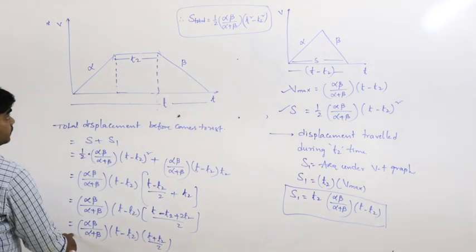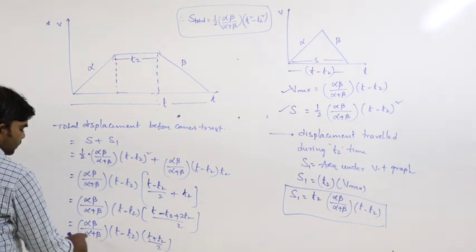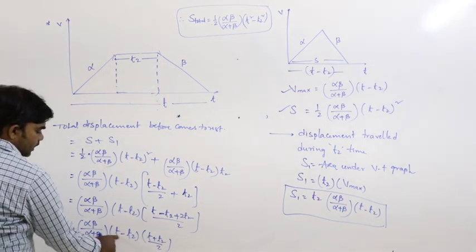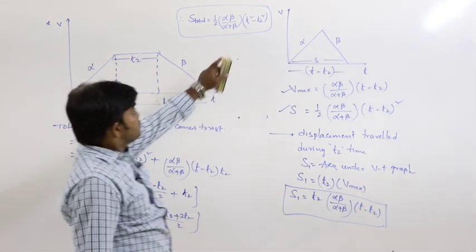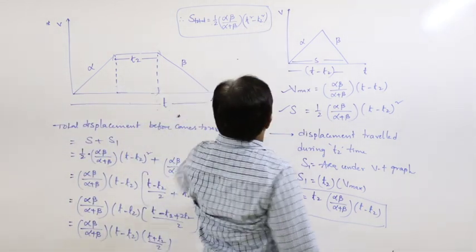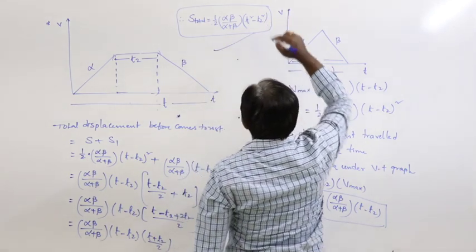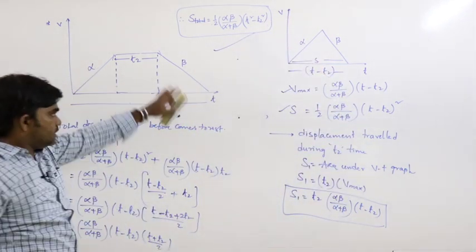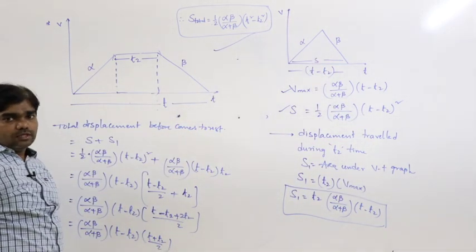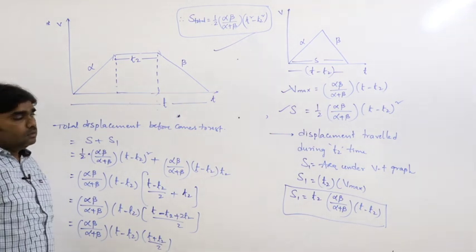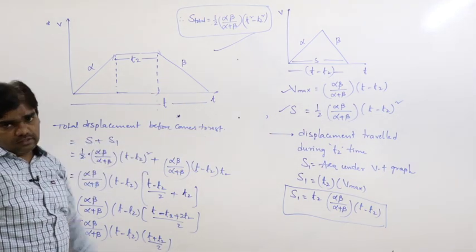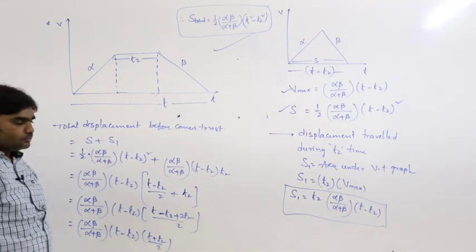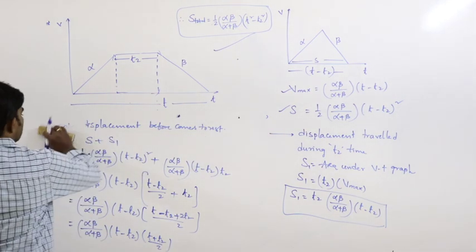This half comes to the front: half into alpha beta by alpha plus beta into T square minus T2 square. This is the total displacement travelled during this time. So that is the concept. If the shape of the graphs are given like that, this is how we can calculate these. Next.